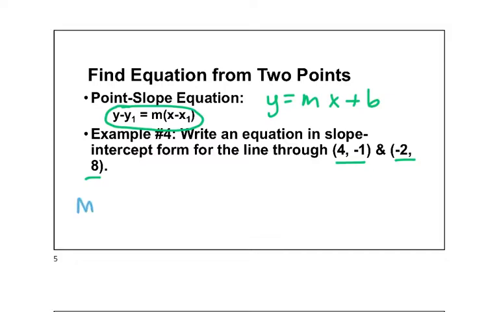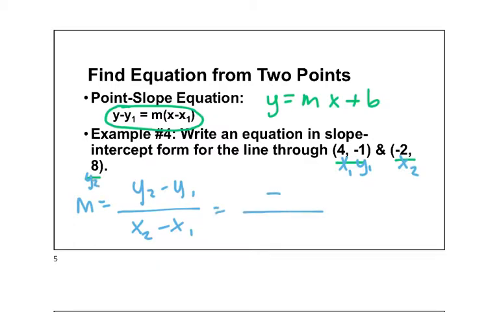Either way you're still going to have to start with finding the slope. So again, your slope is your y's subtracted and your x's subtracted. And so going through, I have my x and y for the point 1 and my x and y for the second point. And so I'm going to put each of those pieces in. So the first piece I'll put in is y2, which is 8. And then the second piece is y1, which is -1.